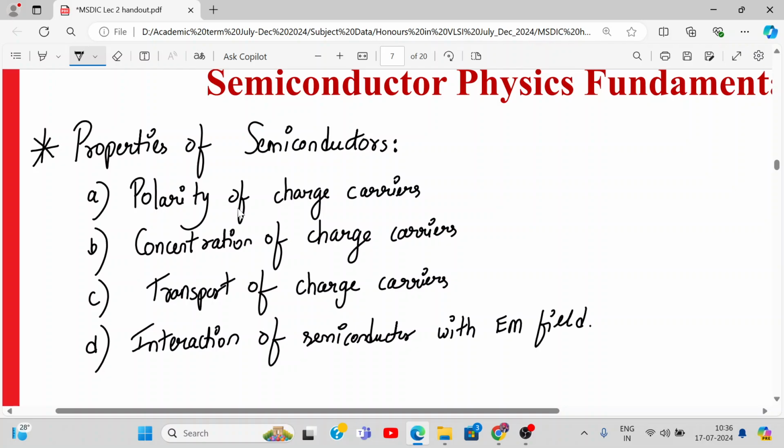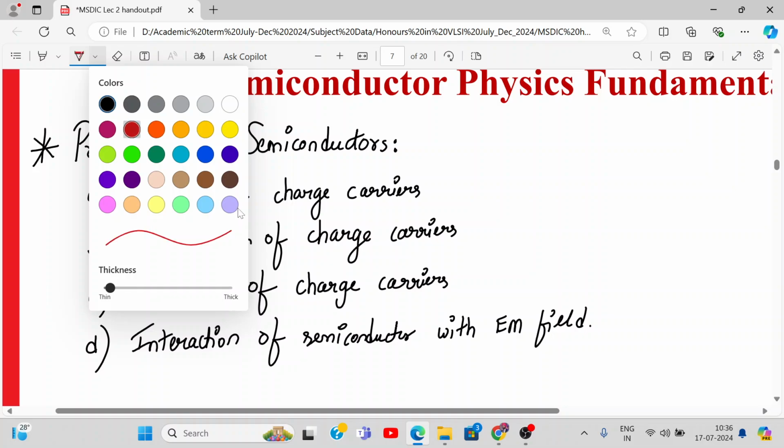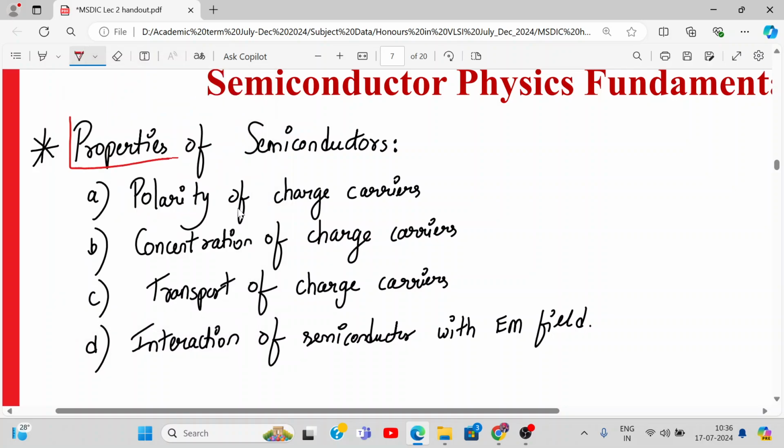So these are the four properties of semiconductors which make them unique. Note it down. Can I go and start with explaining one by one? Yes.